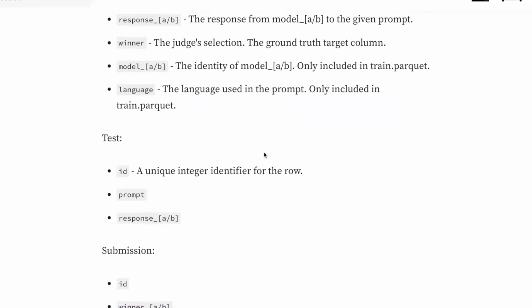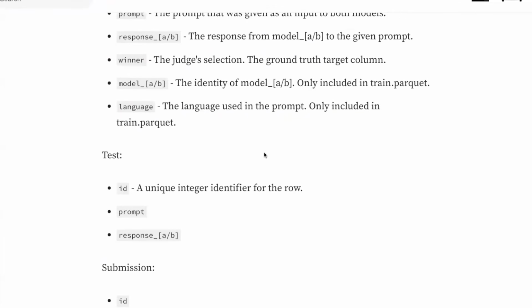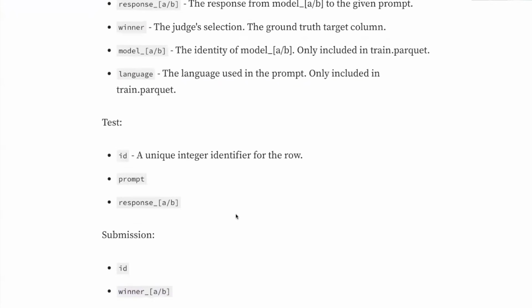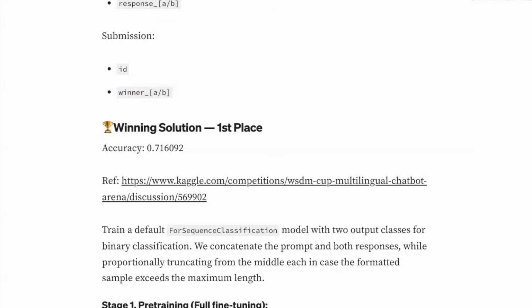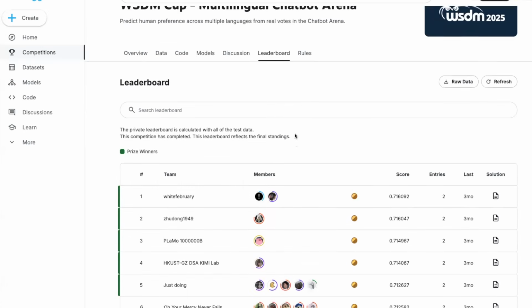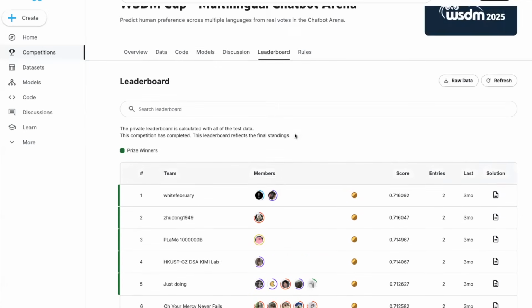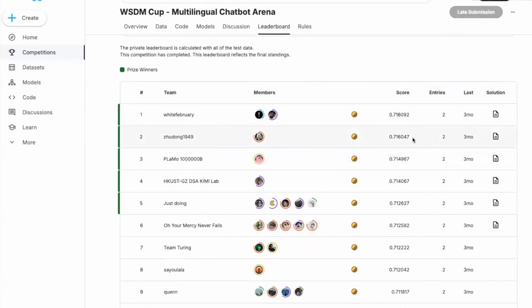I think it's also straightforward if you just keep thinking about it as a binary classification problem. You just want to select the winner out of the two responses. Okay. And if you look at the leaderboard, the score is actually very close.